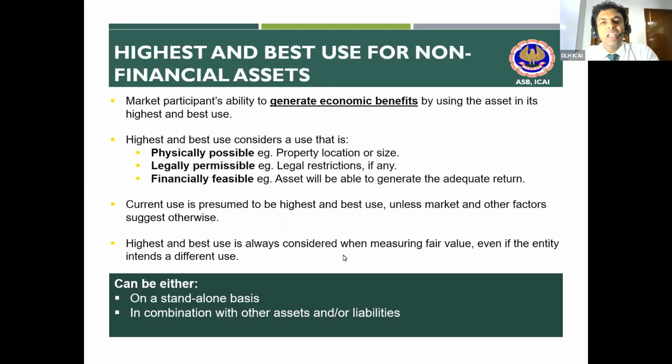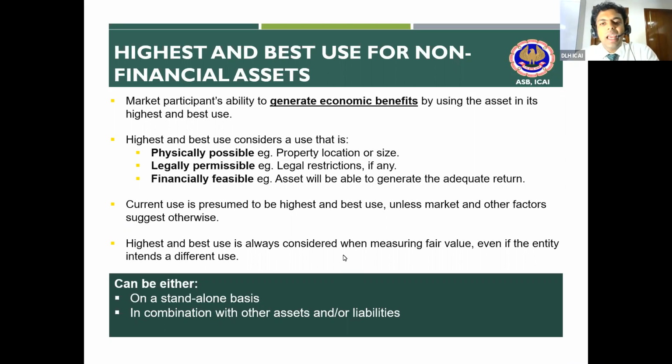For example, physically possible. That means if I am doing the valuation of a land, the valuer needs to consider where the property is located and what the size of the property is, which is physically possible. Legally permissible: if there is any legal restriction attached to that property, I need to consider for the purpose of the valuation what the different legal restrictions attached to that property are.